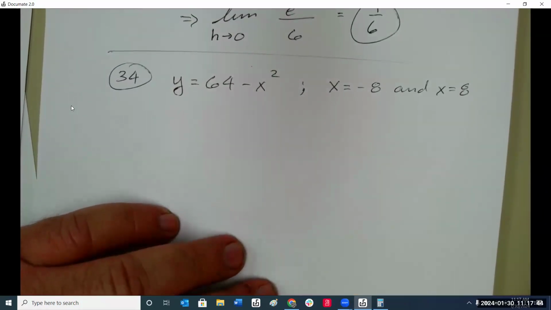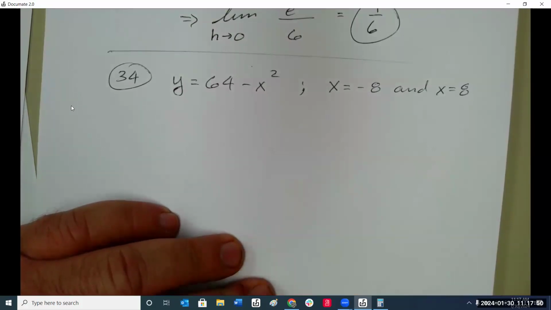Using rectangles whose height is given by the value of the function at the midpoint of the rectangle's base. Estimate the area under the graph of the following function using 2 and then 4 rectangles.